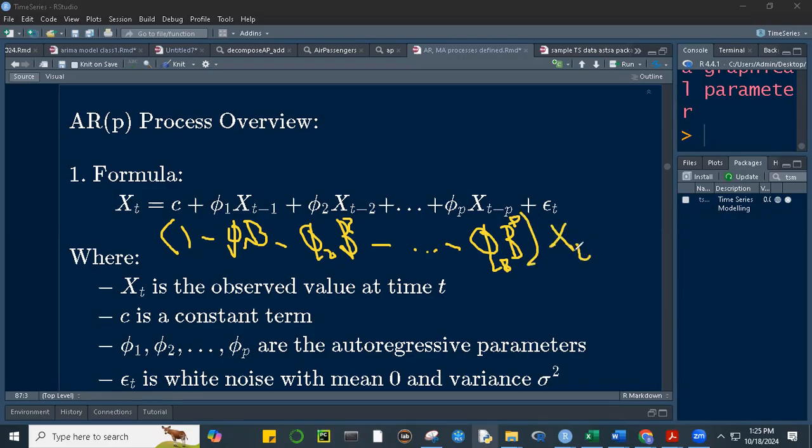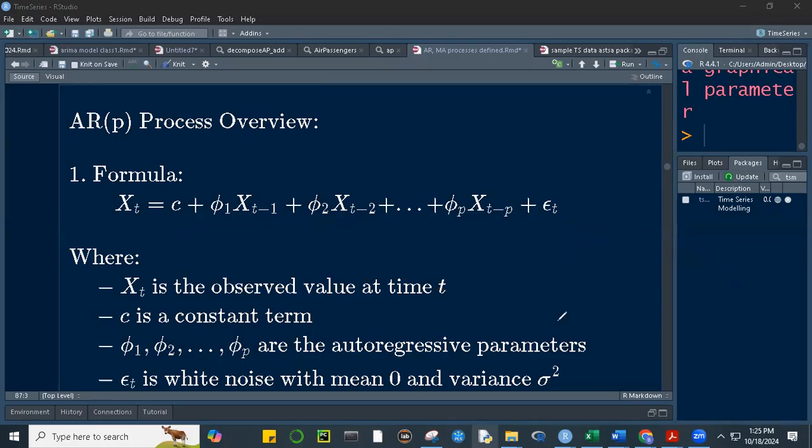And it is equal to c plus your error term. Okay, so it's basic algebra, class. And you can see here that this is really now like an equation, like a polynomial factor. So that's for your AR(p).